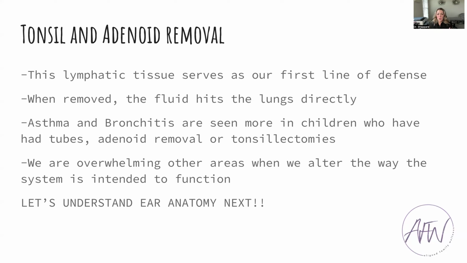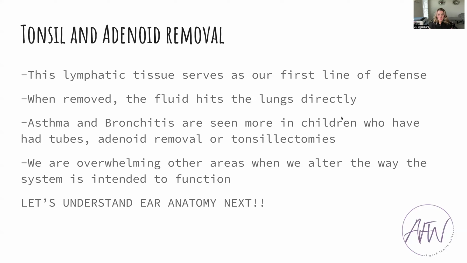So we are overwhelming other areas when we alter the way the system is intended to function. The system is intended for those tonsils and adenoids to be your first line of defense, to be that first immune system. When we take those, there's no defense mechanism, and so we're overwhelming the lungs and other areas. Now kids have these chronic conditions, asthma and bronchitis, when we don't treat the root cause.